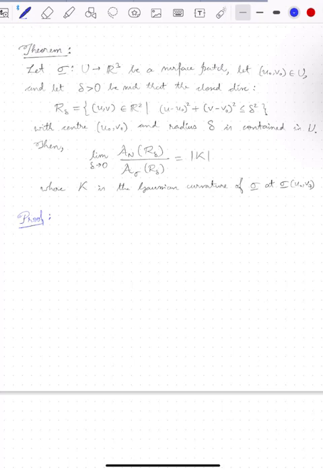So here, the area of the Gauss map in this region divided by the area of the surface patch R delta is equal to, as we recall from the previous lecture, the area given as half of the cross product norm integrated over the surface.